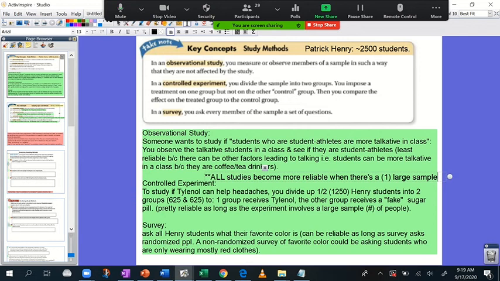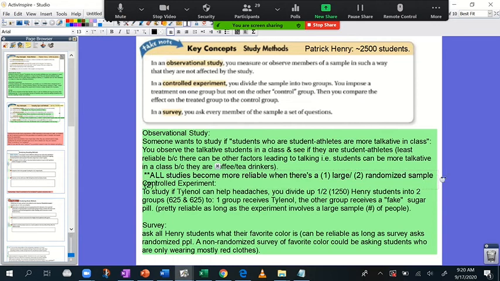Large sample just means a large number of people you're asking or observing, or a large number of people you're doing the study on. So again, sample is the number of people you're doing the study on. Let me make it even easier: large, randomize.